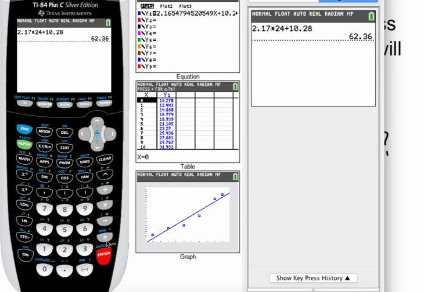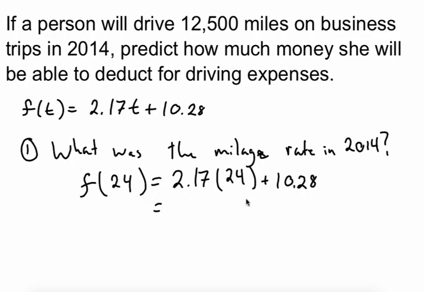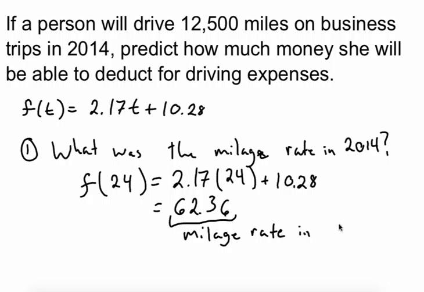Okay, so here's my output, 62.36. So that is my mileage rate in 2014.